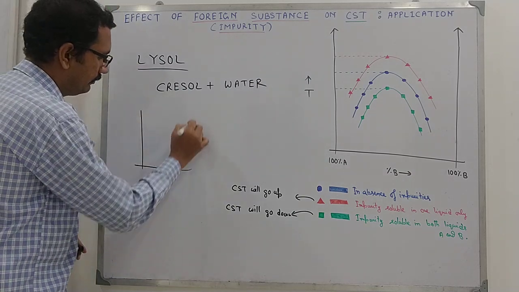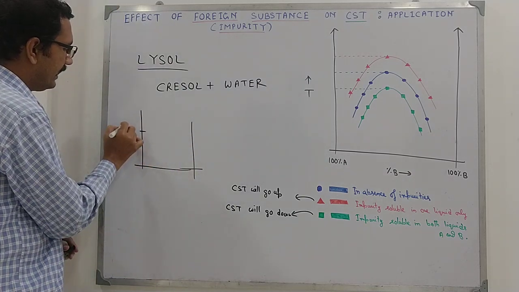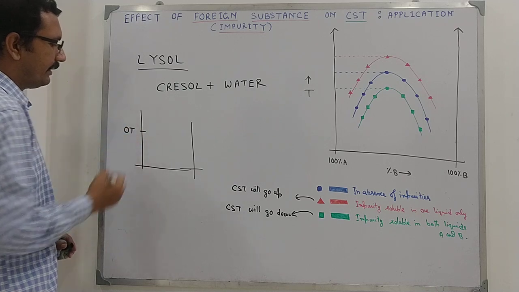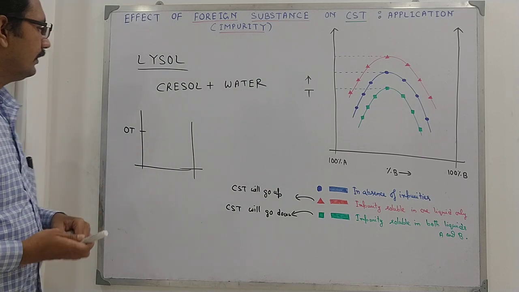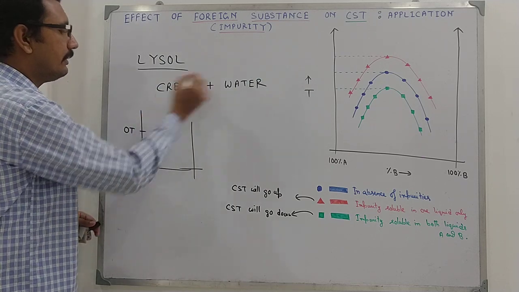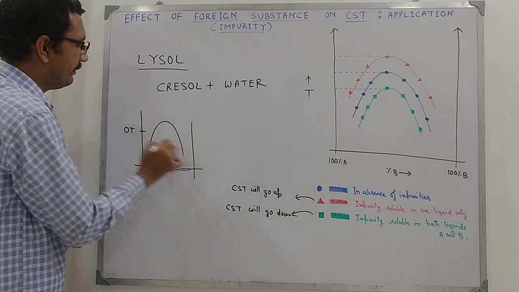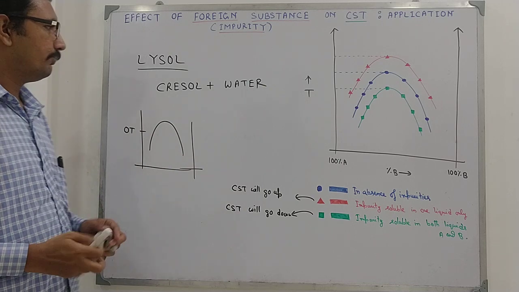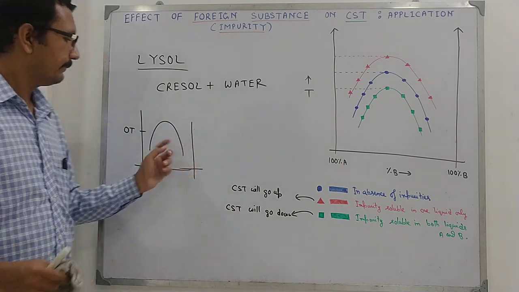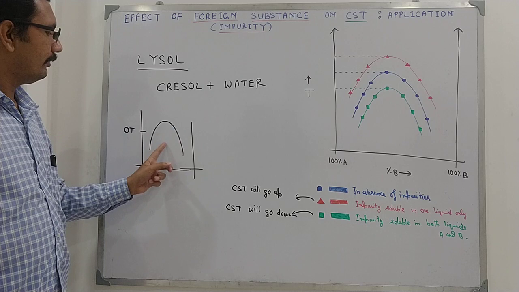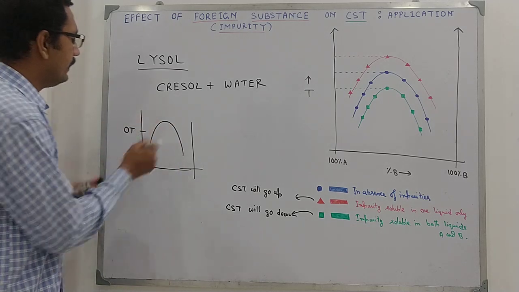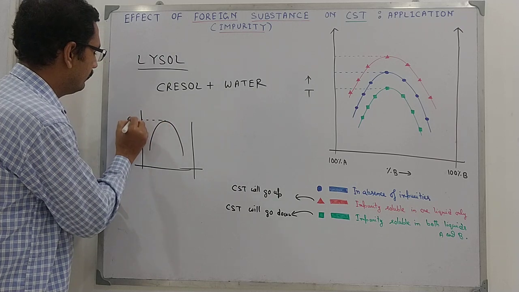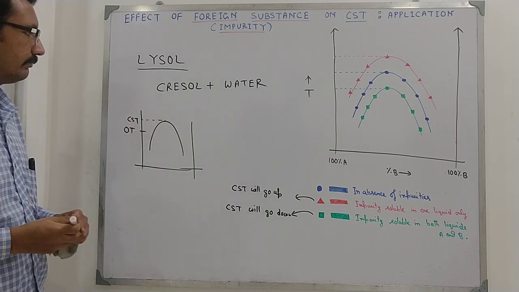Now, if we mark this as ordinary temperature, so 25 degrees centigrade maybe, then the cresol water system will have CST above this ordinary temperature. So what will you have? You will have two conjugate solutions at ordinary temperature, since the CST is higher than ordinary temperature.